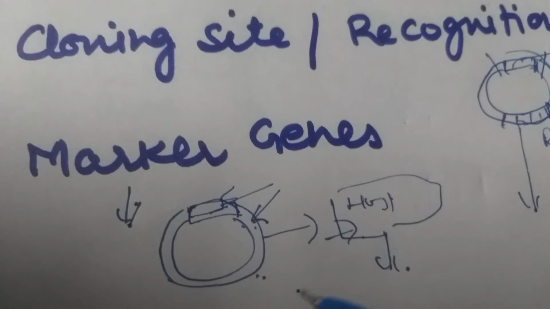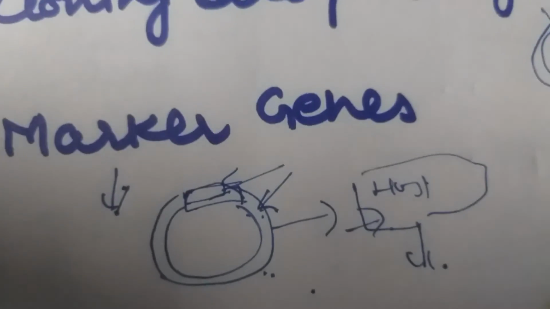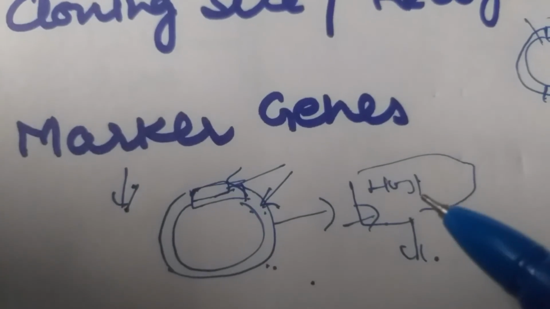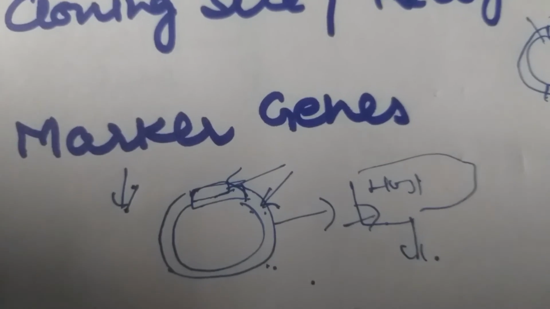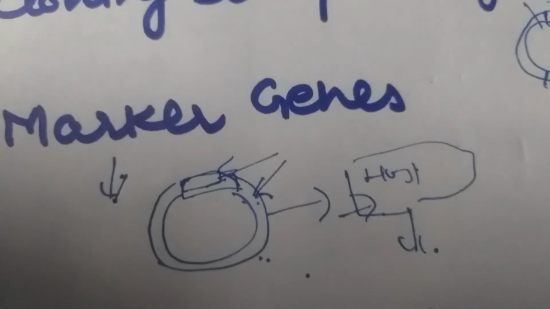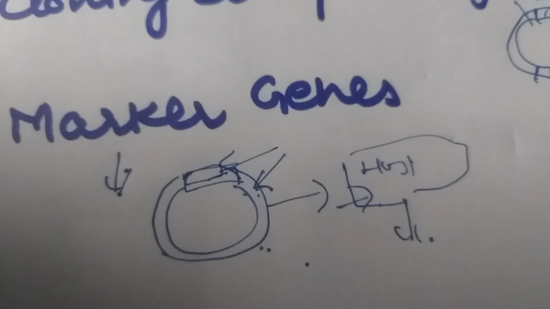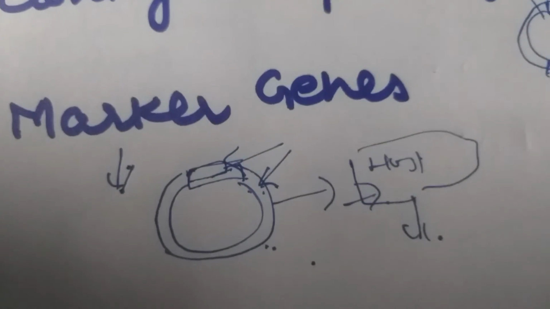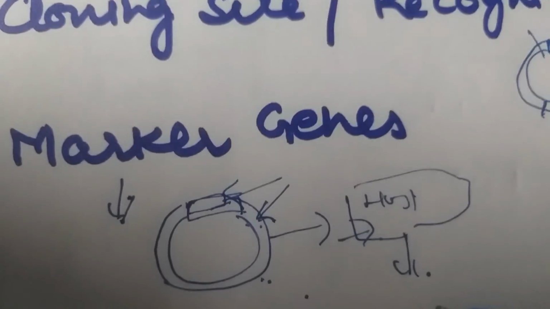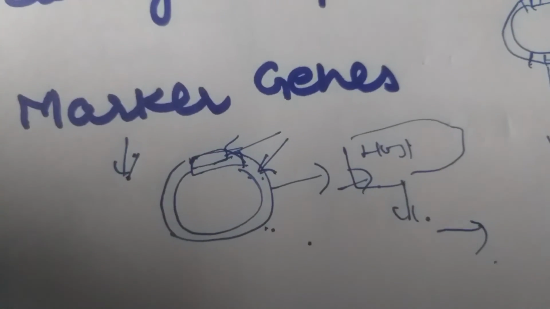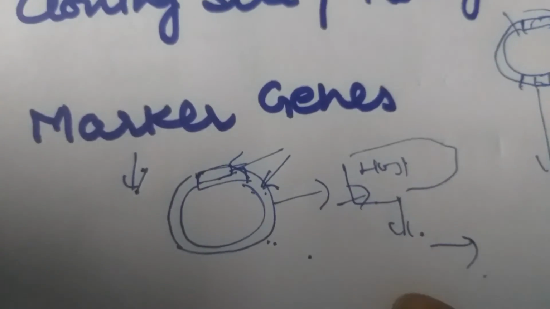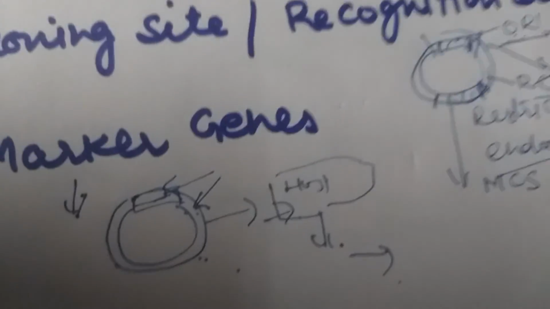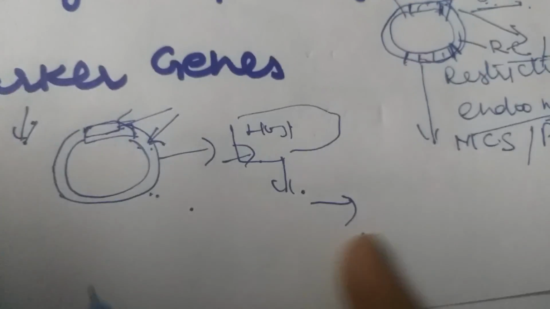For that matter, we must have certain marker genes by which we could select the positively transformed cells from the ones which have not undergone that kind of transformation, so that the transformants can be used and applied for cloning. This selectable marker gene can be of different types, such as a gene which would provide antibiotic resistance.